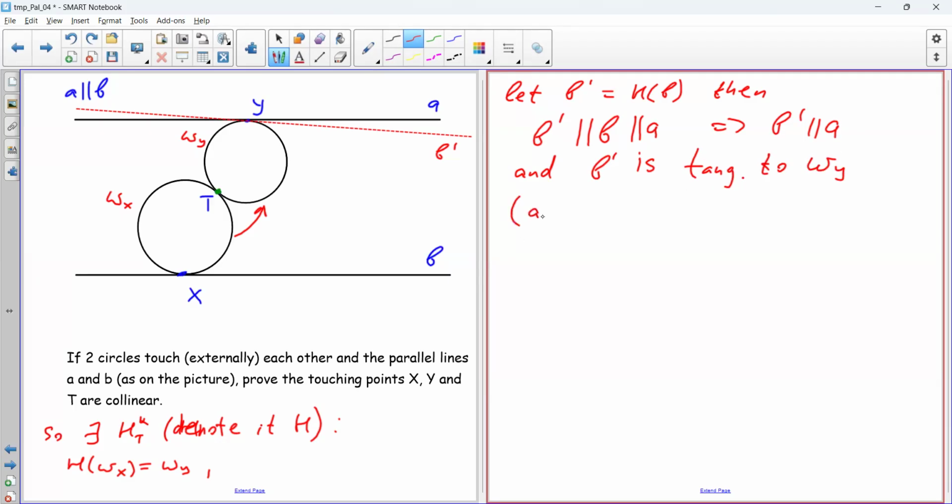Why is that? As B is tangent to omega x, and homothety preserves intersections and touchings.